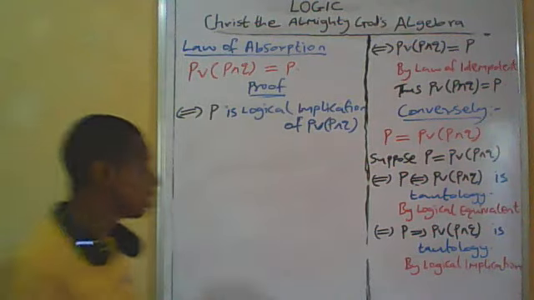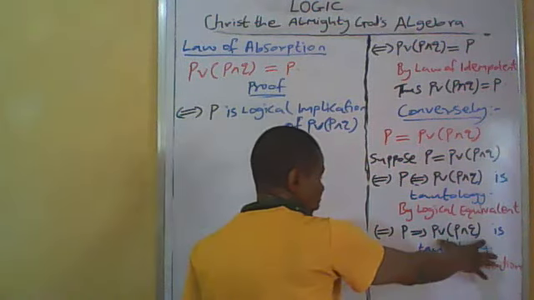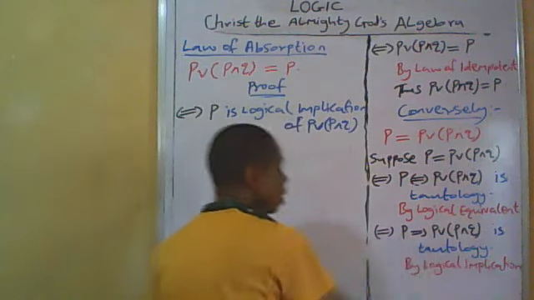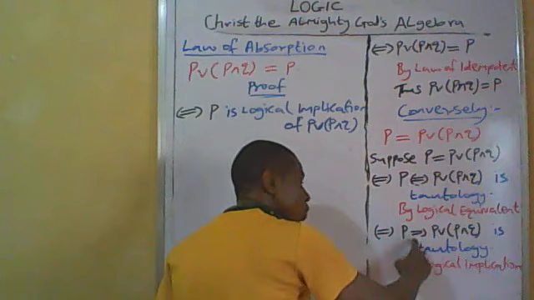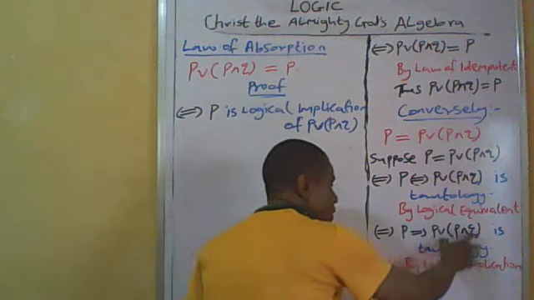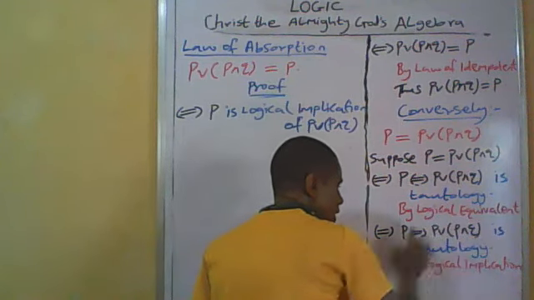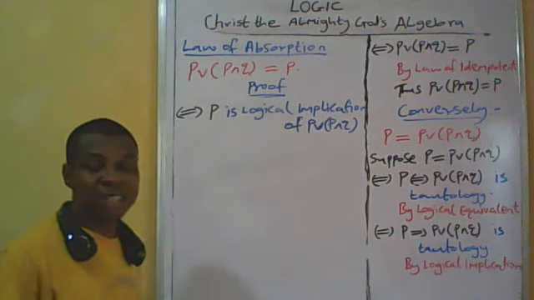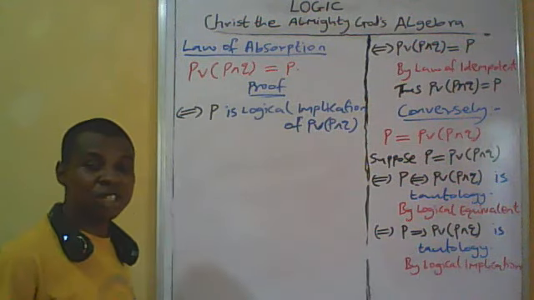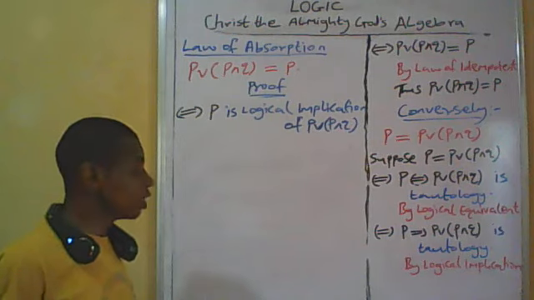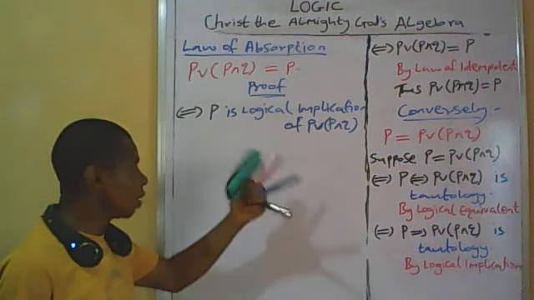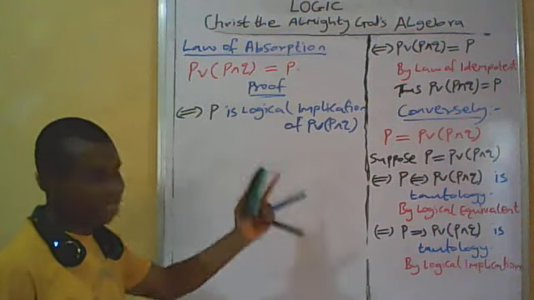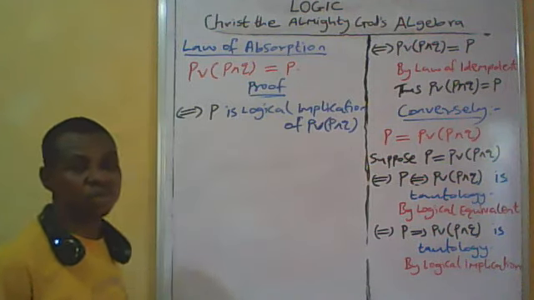In the sense that since this is a logical implication, this conditional statement is a tautology, then P is a logical implication of the consequent. If you say that P is a logical implication of P or (P and Q), that means the antecedent is a logical implication of the consequent.